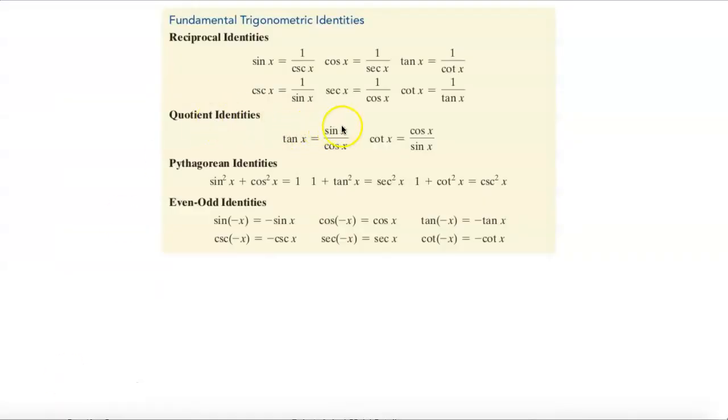We have that tangent is sine over cosine, and cotangent is cosine over sine. So we can either replace both tangent and cotangent and have a sine over cosine, cosine over sine, or alternatively, since cotangent is just equal to 1 over tan, or tan is equal to 1 over cotangent, you can replace just a single one of those, which would be a little bit more efficient.